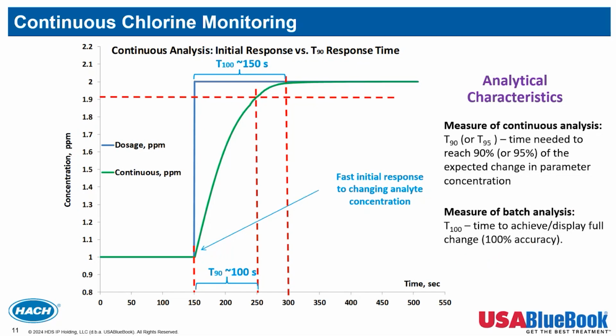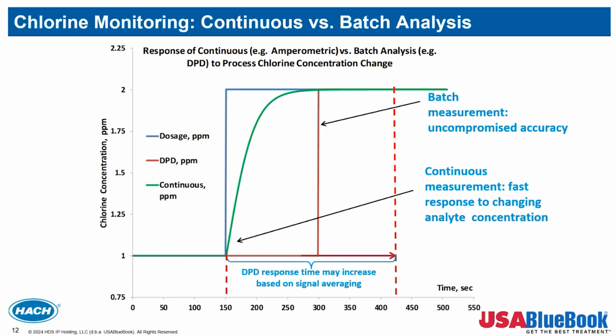All right, now let's compare those two methods side by side. You can see here, both methods are responding to the same hypothetical change in chlorine dosage or chlorine feed. You can see the immediate response at the very beginning of the continuous method, which is represented by the green line here.